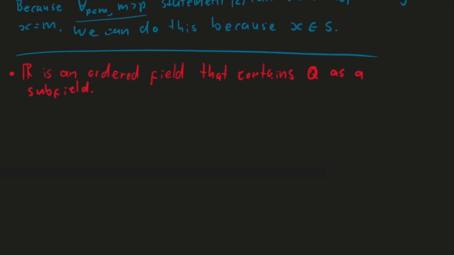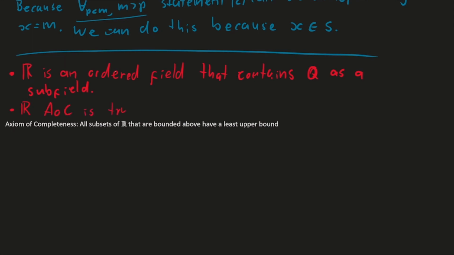The next thing, and really the important thing that will be quite useful for us, is the axiom of completeness, or the AOC. The second thing the real numbers have to have is that in R, the axiom of completeness is true.